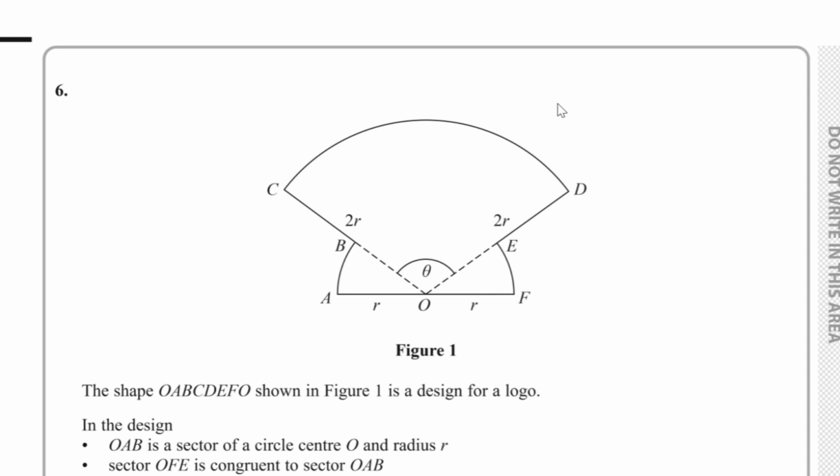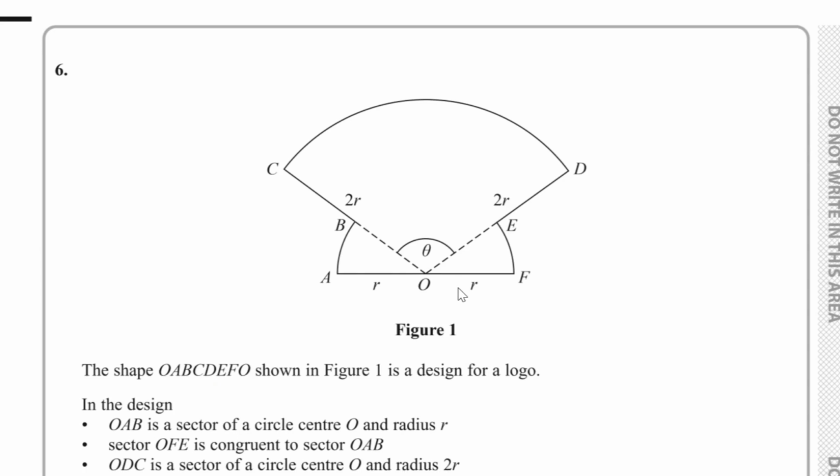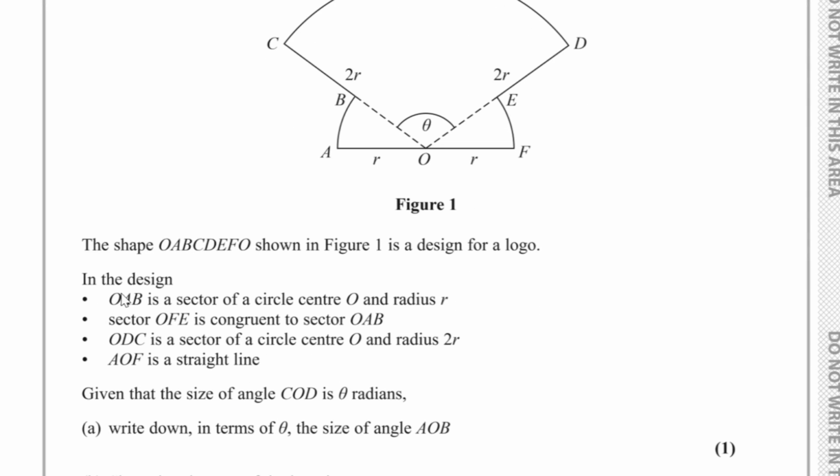Question number 6. The shape OABCDEFO shown in figure 1 is a design for a logo. In the design, OAB is a sector of a circle center O and radius r. Sector OFE is congruent to sector OAB, which means this and this are the same.